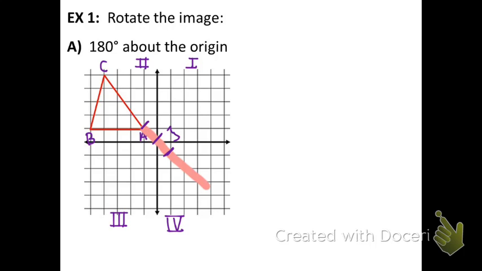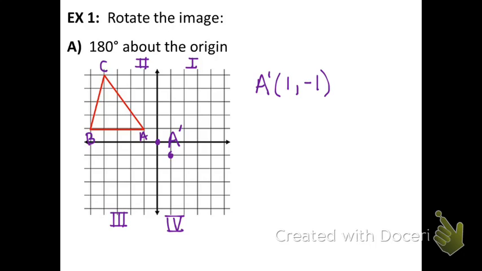So these two distances would be equivalent. In our case, we could actually use the Pythagorean theorem to find that length. And once we find that distance, we can mark off our new point A prime. So A prime is located at 1, -1.